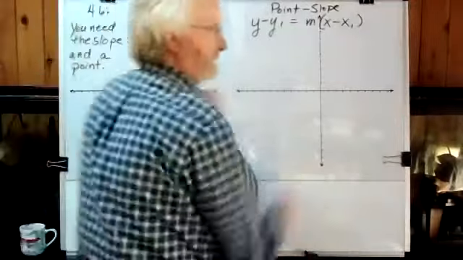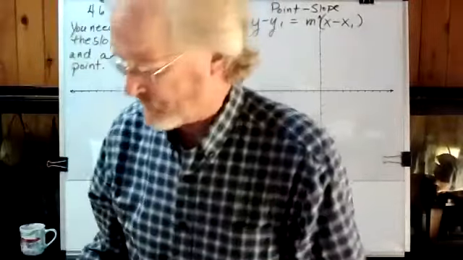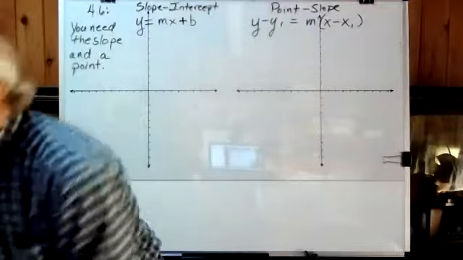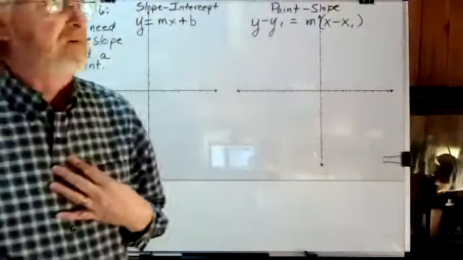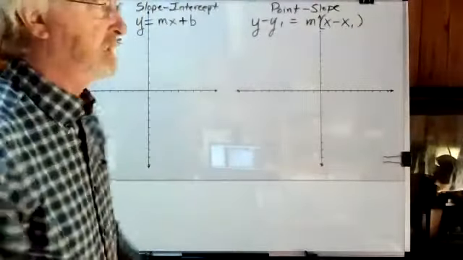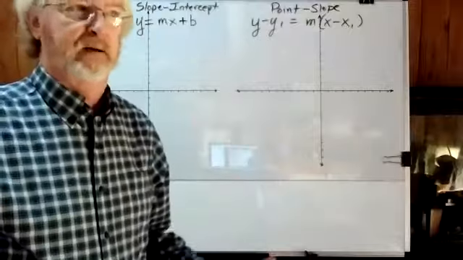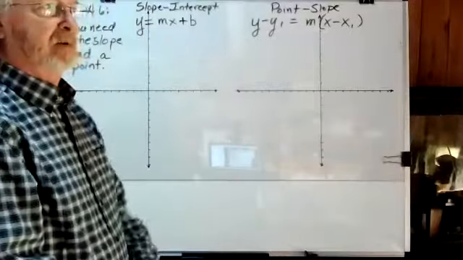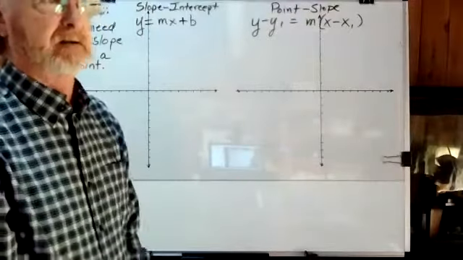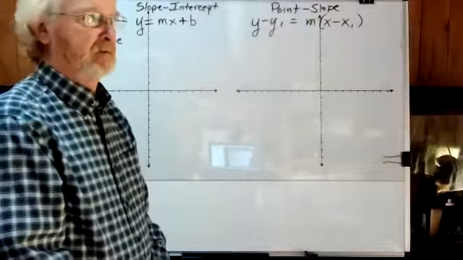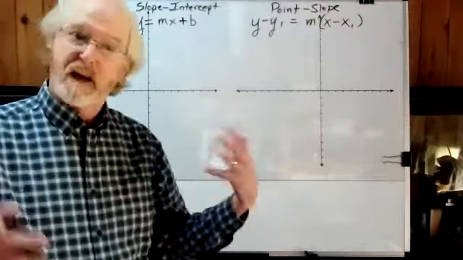We're still dealing, abstractly, with how to write an equation for a linear situation. If we have the right information, can we come up with the equation that models that situation? We refer to the equation as the mathematical model.